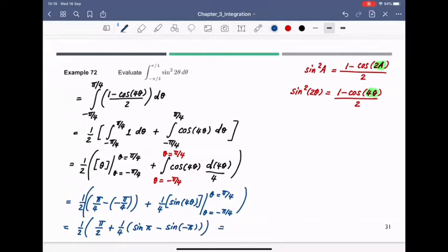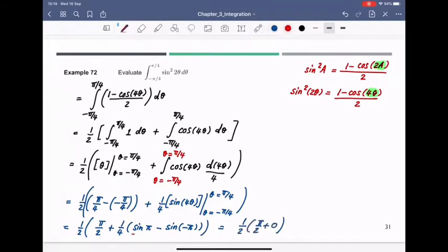Does it make sense? It's still pretty simple, right? Sine pi is equal to 0, and sine negative pi is also equal to 0. So your answer is going to be just pi over 4, because you get 1/2 times pi over 2 plus 0.